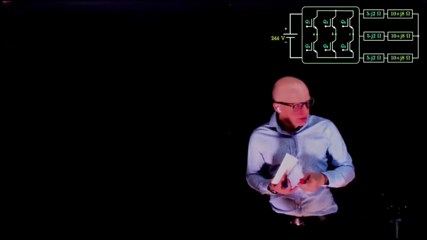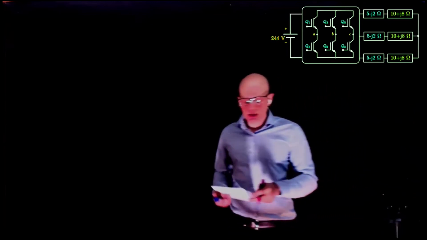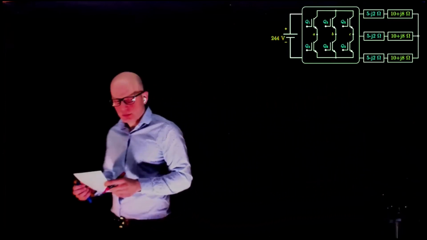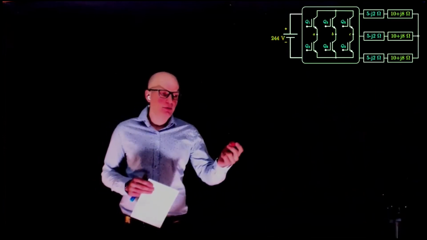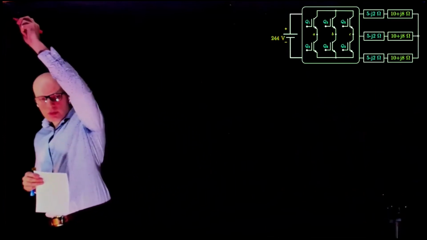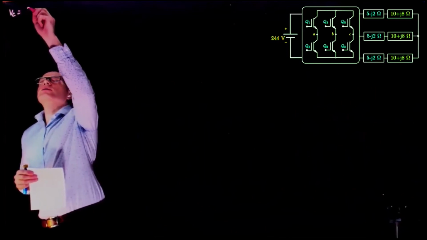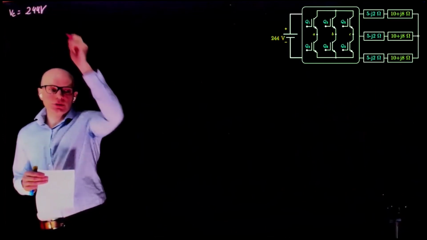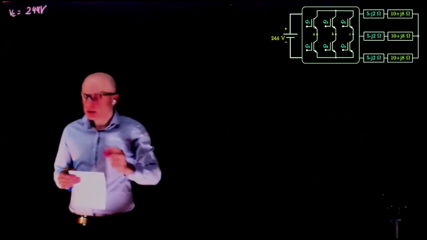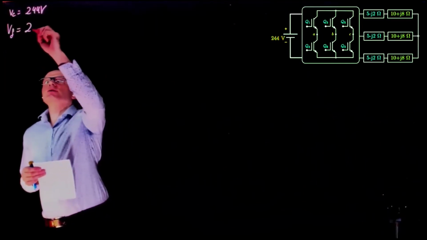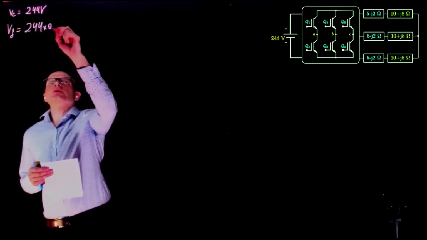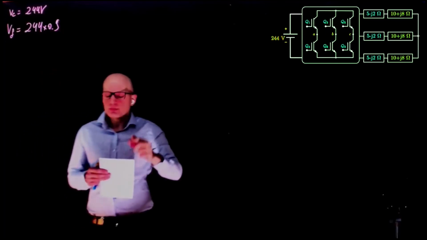The first thing we can calculate here is indeed the fundamental component of the output voltage. What would that be? We have a VCC of 244 volts. The fundamental component of the output voltage is 244 times 0.9 for a full bridge.